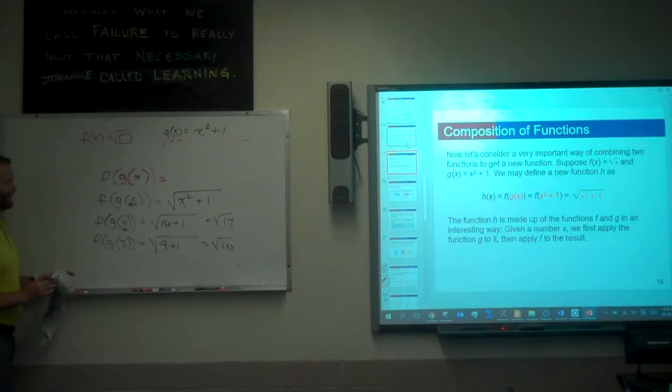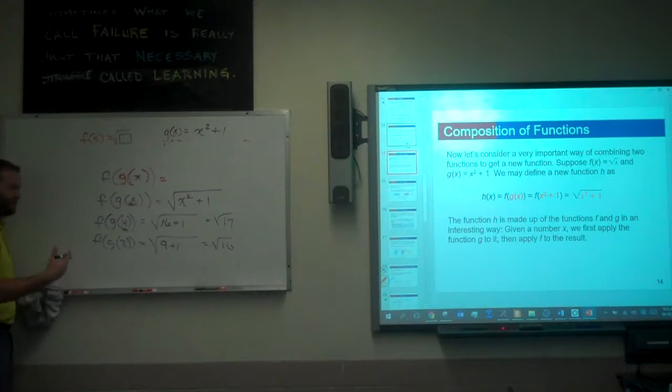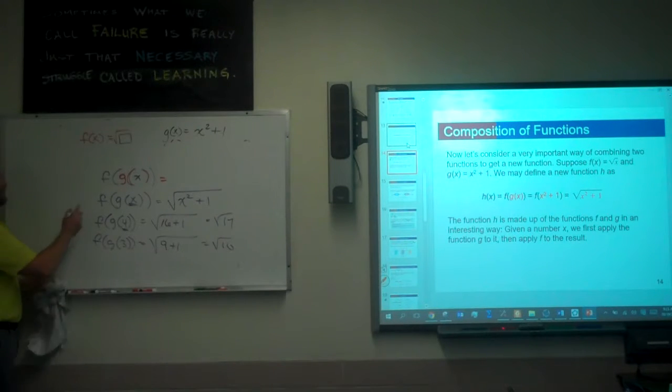A lot of times though they don't like to, because writing f of g of 4 and f of g of 3 is kind of a pain. Once you create this composite function f of g of x, they'll say to rename it as h of x or some new function, whatever letter you want to use. And then this would be h of 4, and this would be h of 3.